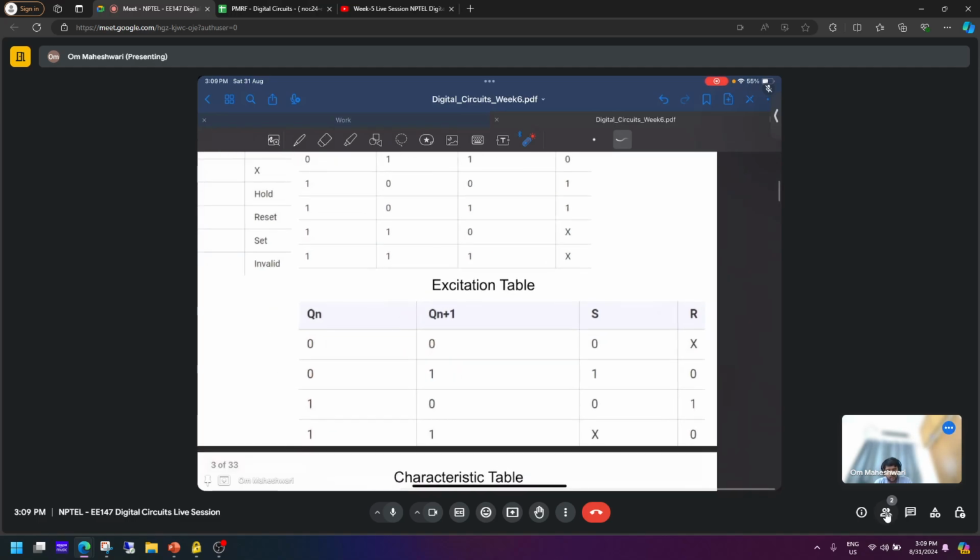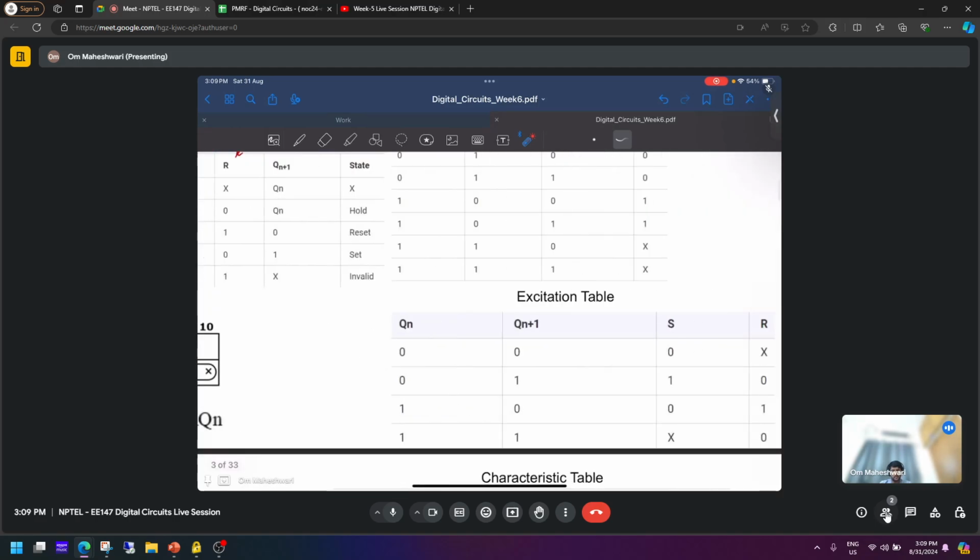When both outputs are the same at 0, S is 0 and R can be either 0 or 1. In 0, 1, that means there's a shift, that means when set is 1 and R is 0, then only this condition would occur. In the 1, 0 case, when set is 0 and reset is 1, only this condition would occur. And when both are 1, reset is 0 and set can be either 0 or 1.